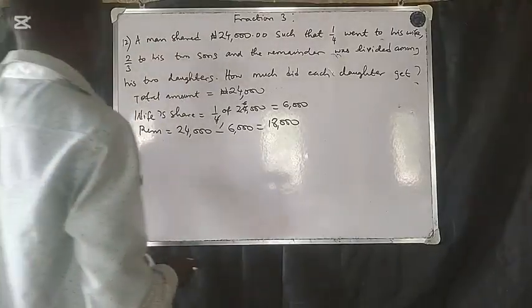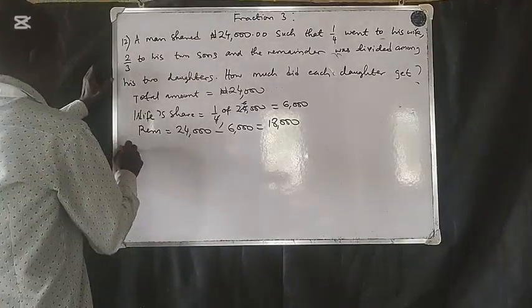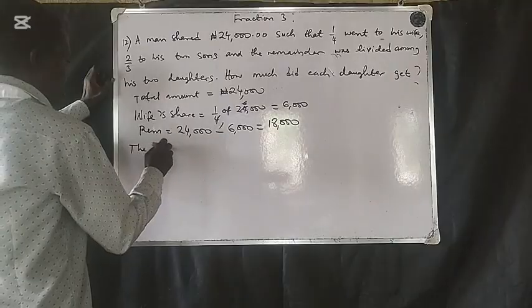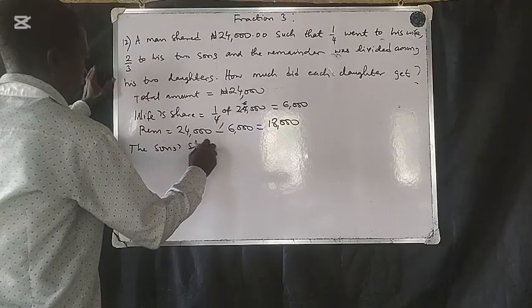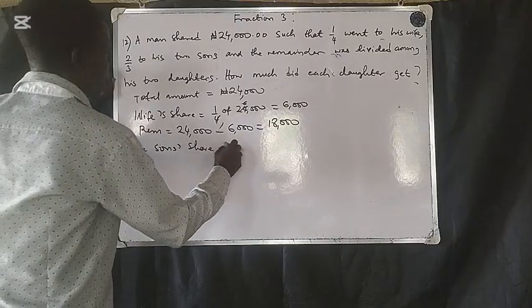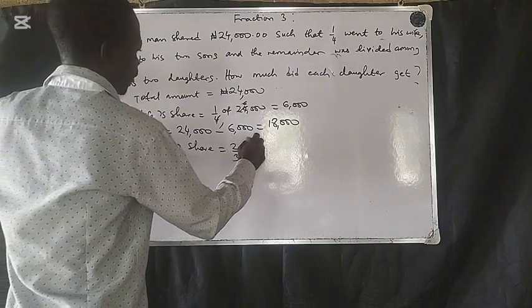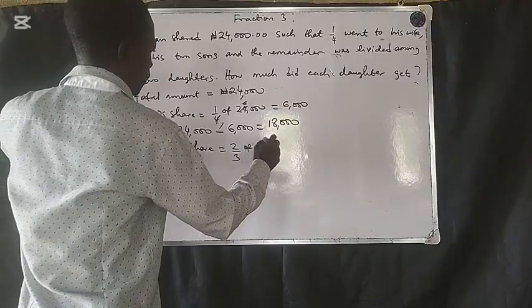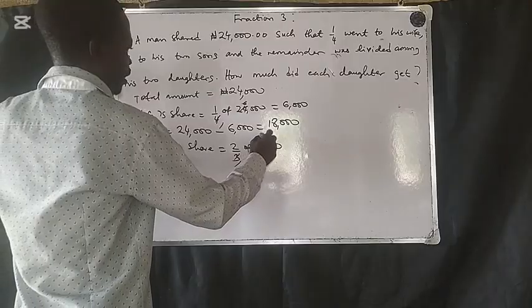And out of this 18,000, the 2 sons got 2/3. The two sons' share equals 2/3 of 18,000. 3 ones are 3, 3 sixes are 18.